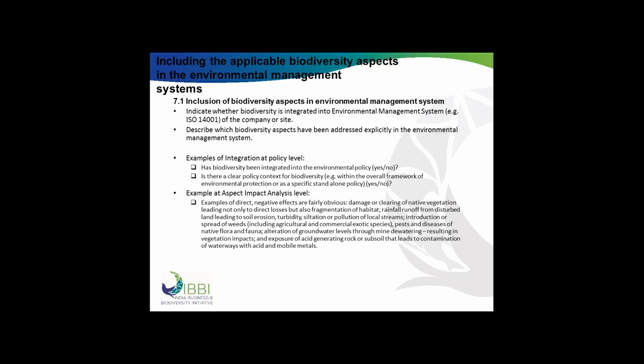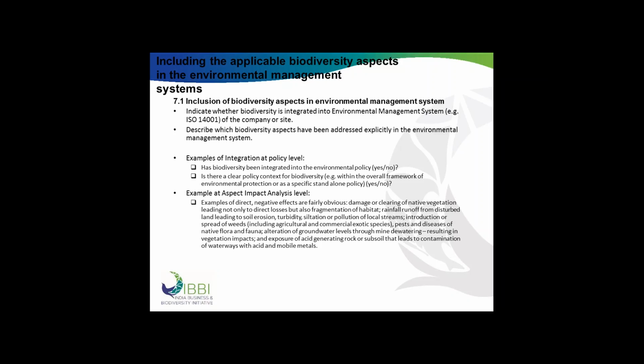Another example is integration at aspect impact level analysis. For example, take land use change. Most companies require a huge amount of land for establishing workstations, roads and so on. So land use change is a primary impact, but it might lead to fragmentation of habitat, loss of soil and fertility of that area, cutting of trees, or diversion of forests that may lead to flooding.